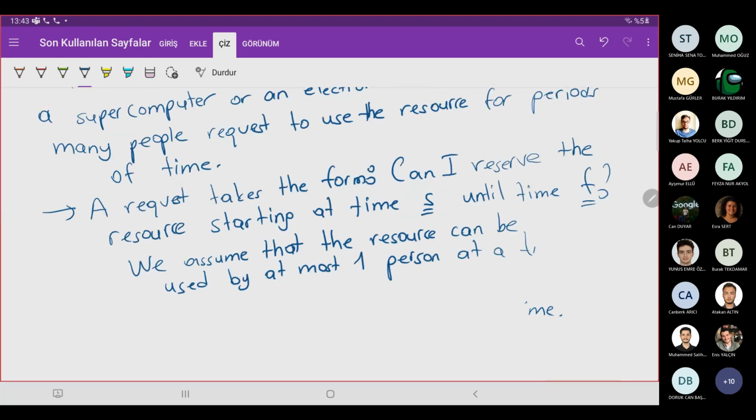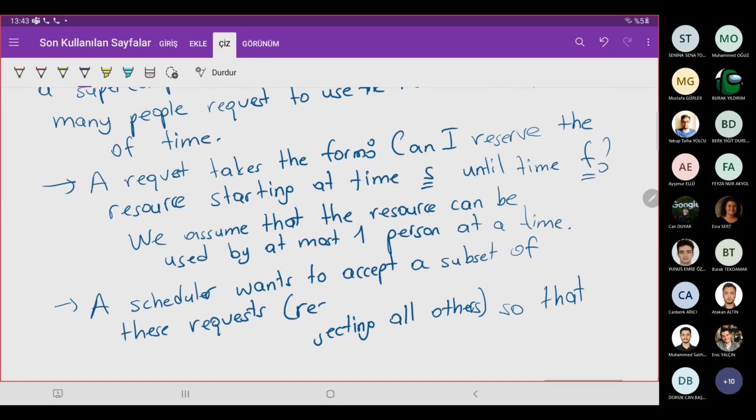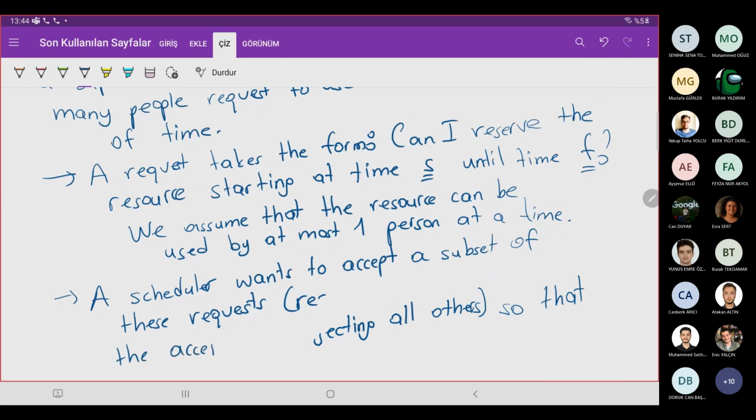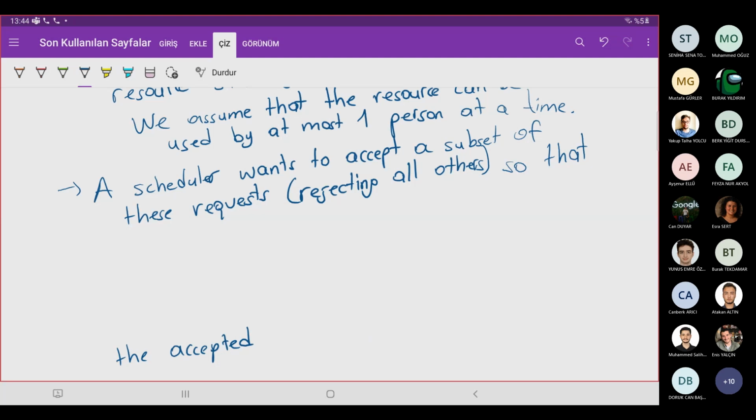So a scheduler wants to accept a subset of these requests, rejecting all others, so that the accepted requests do not overlap in time.